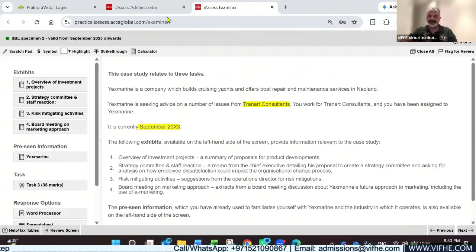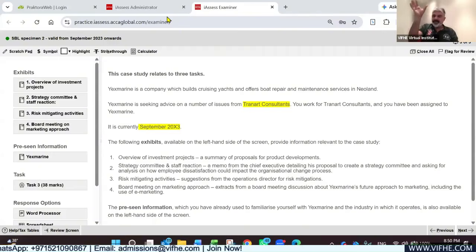Of course. That's best, right? That if I can see all the tasks, 1A, 1B, 2A, 2B, 3A, 3B, if they're all on one page, it will be very easy and efficient for me, right? So what I will do is I will open my scratch pad.